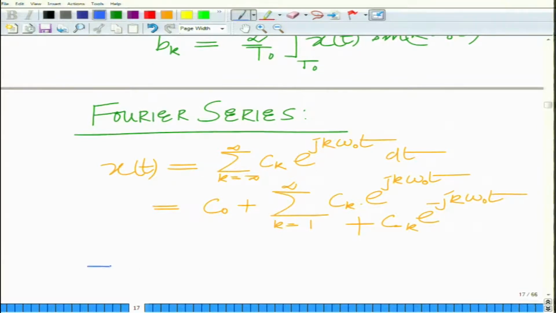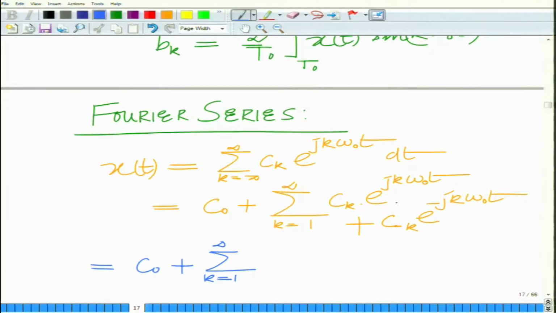And this I can further simplify as follows: c naught plus summation k equal to 1 to infinity of c k e raised to j k omega naught t plus c minus k e raised to minus j k omega naught t.